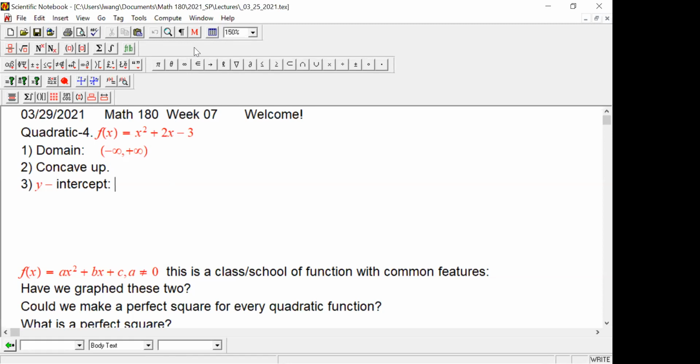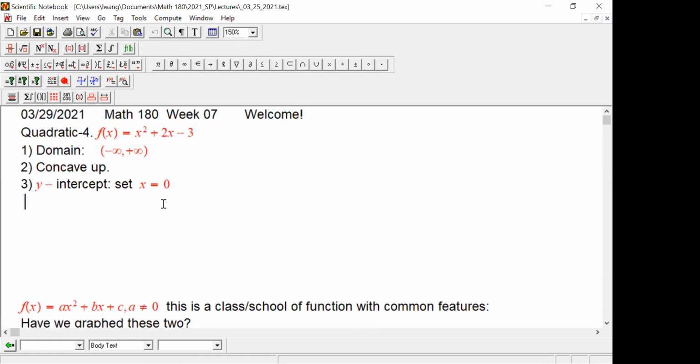We set x equals 0. Why set x equals 0? That's right, because every point on the y-axis has a common feature. What is that common feature? x equals 0.